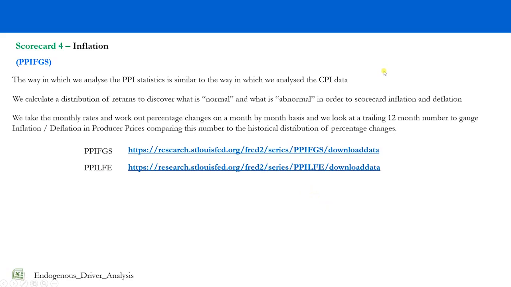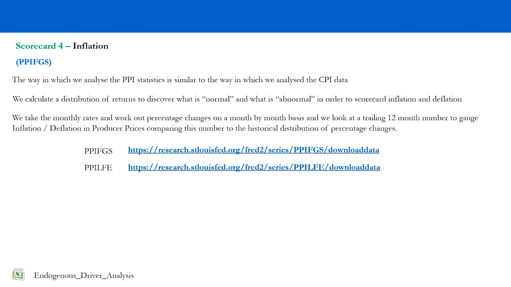But how do we analyze these stats? Well, we do it in a very similar way to the way in which we analyze the earlier CPI data. We calculate a distribution of returns to discover what's normal and what's abnormal, so we can scorecard inflation and deflation accordingly.